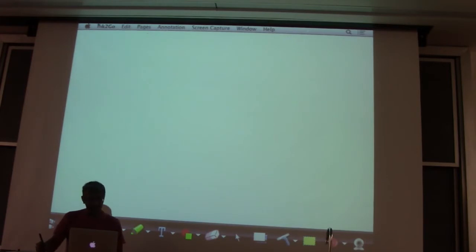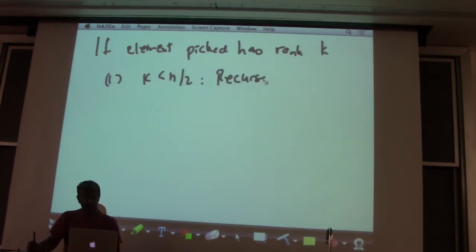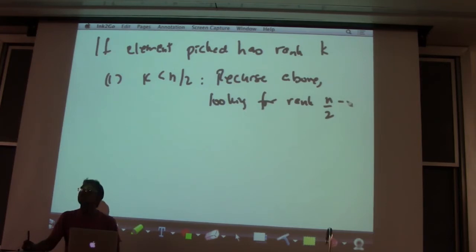So if the element picked has rank k, then there are 2 cases. If k is less than n over 2, then you recurse above, looking for rank n over 2 minus k. Is that right? Oh no. Will it be n over 2 minus k? Yes.